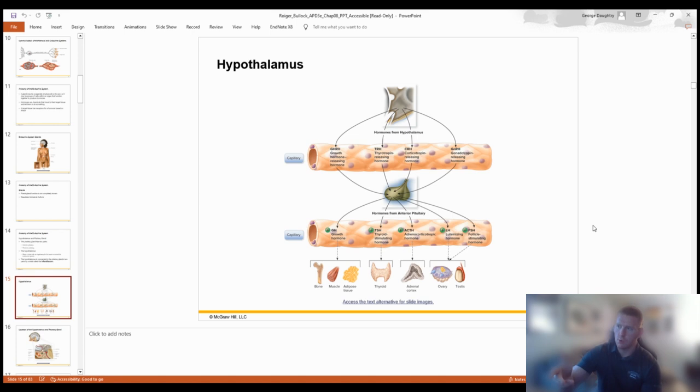So luteinizing hormone is going to stimulate the testicles. Follicle stimulating hormone is going to stimulate the testicles or the ovaries, right? So we have all of these major hormones that are responsible for the stimulation or the production of something. More often than not, it's a steroid hormone, as it's a big part of that HPA axis.